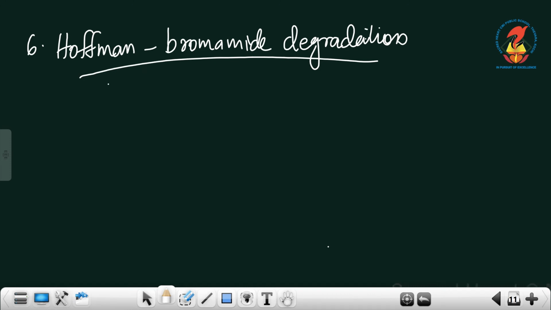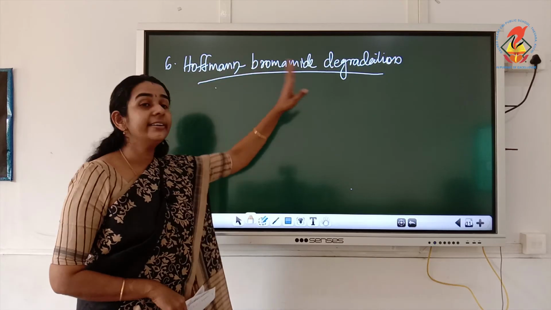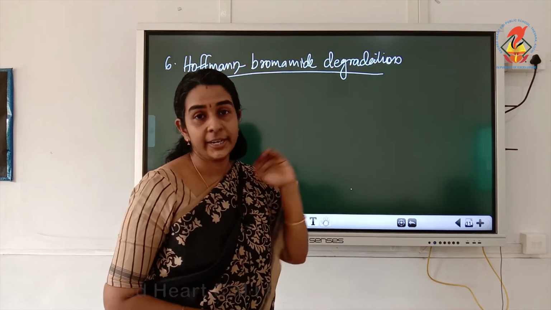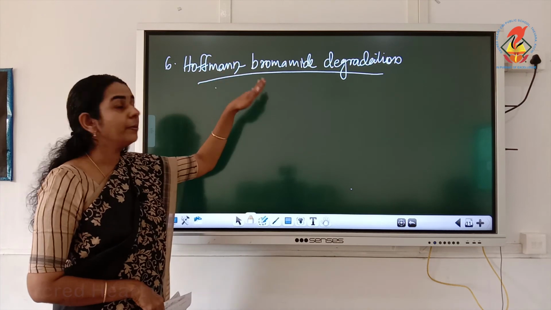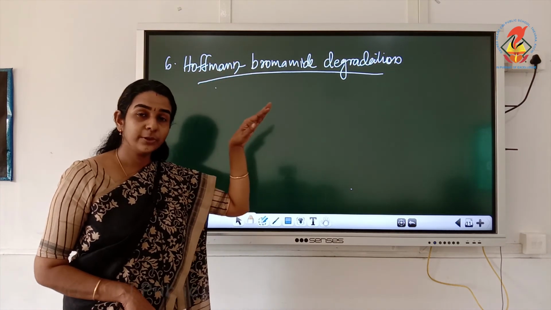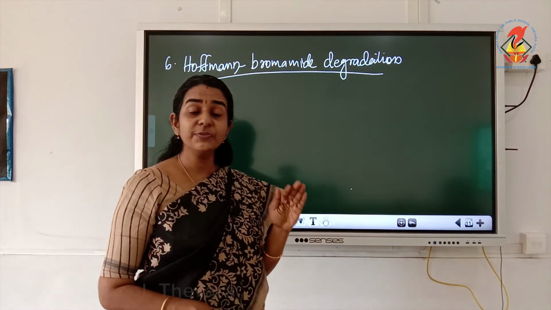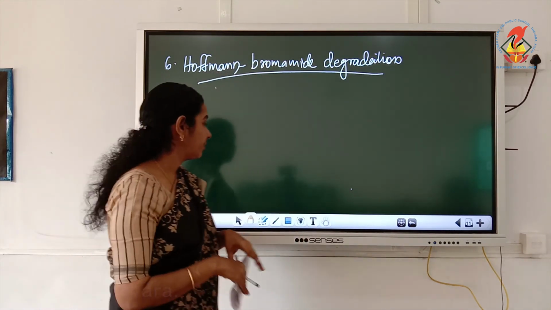From the name itself it is clear: there is degradation of amides, and some bromine compound is also used here. So in order to understand the reaction, first we will see the equation.